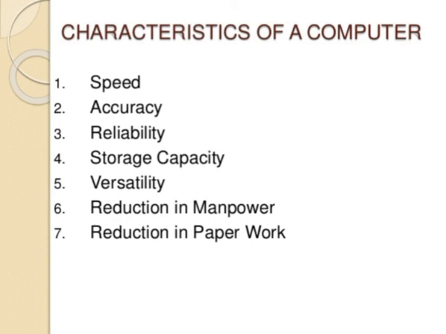Now versatility. Versatility means a computer can perform different kinds of tasks at a time. If you are playing a game, meanwhile you have started some music, at the same time, if you want to draw some design or do painting, you can also perform that.